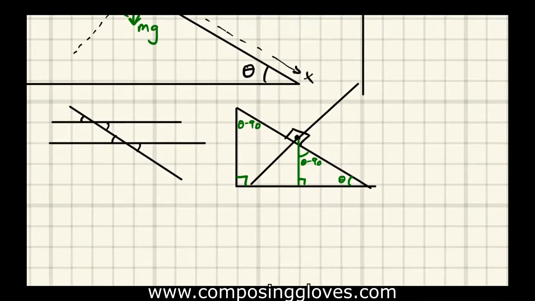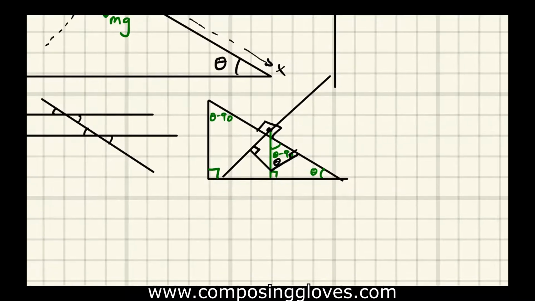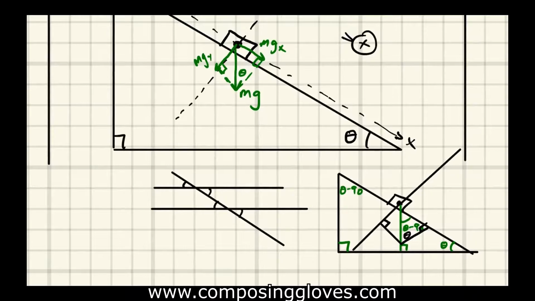If this is theta minus 90, and we drop another line parallel to our x-axis, there we go, that's pretty parallel. This is 90 degrees as well. Let me draw in one more line here. So this is 90 and this is theta. These diagrams always look a little sloppy, but hopefully you can see this is very similar to what we have going on up here.